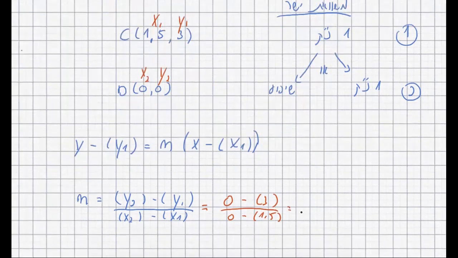So then it's minus 3 over minus 1.5, which is 2. So m equals 2.